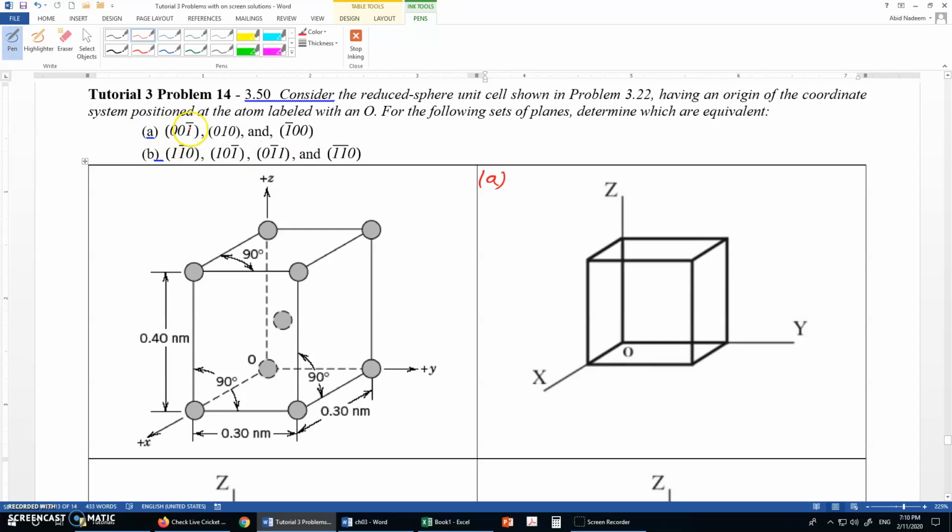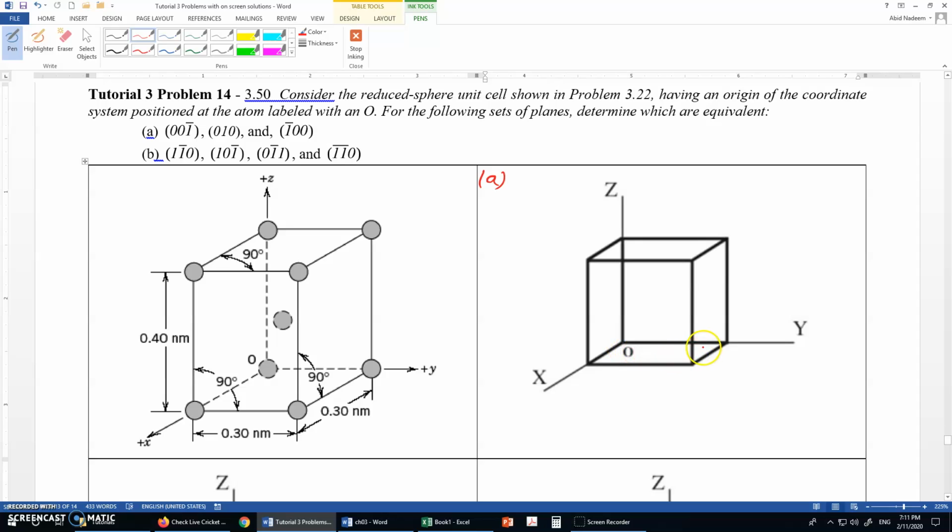0 0 minus 1. So the 0 0 1 bar plane will be parallel to the x and y axis, and it will be at an intercept of -1 from the z axis. So we take the origin over here, and then -1 will be here.